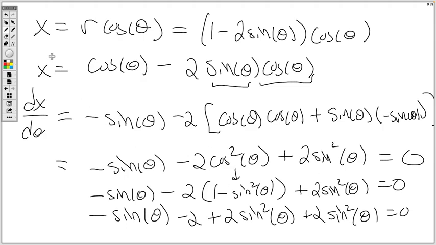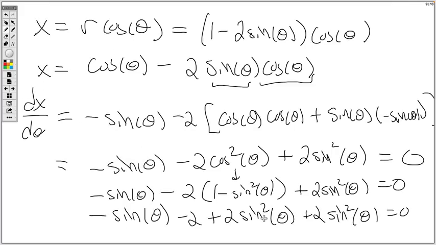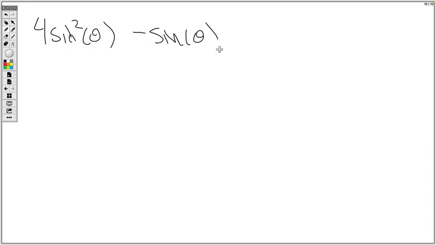And now if I gather everything together, I have how many sine squareds total now? 4 of them. Minus a sine theta minus a 2. So we got a quadratic in terms of sine. Is it going to factor nicely for us?